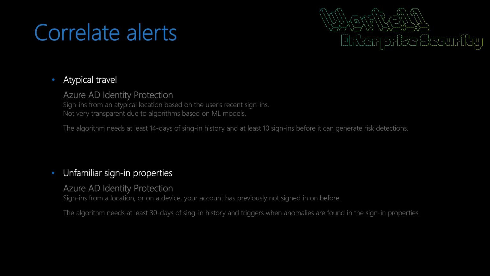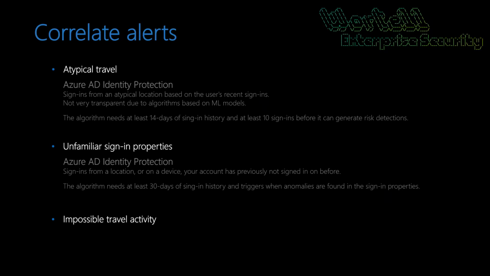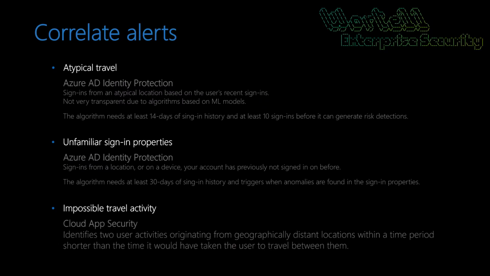But what we saw in this particular case, and let us grab in another alert, which is quite similar to this one, the impossible travel as well, which comes from Cloud App Security. And that will, as people probably know, trigger when you have multiple activities from users in geographic locations too far away from each other, where it would not be possible to travel that distance in the time between.